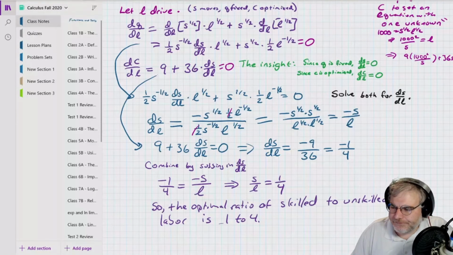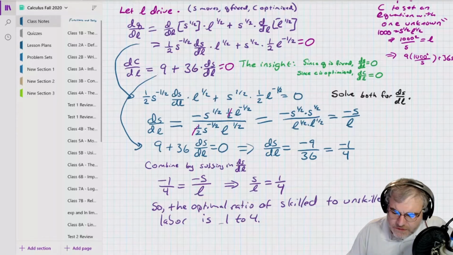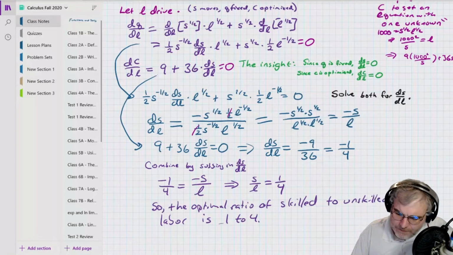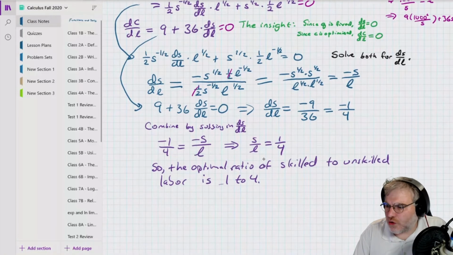Okay. Now, sometimes your C and your Q can wind up in these equations. Or you could have things like S squared here, which means that C or Q are going to wind up in your equations. But this is actually kind of cool. Because now I can do something very nice.